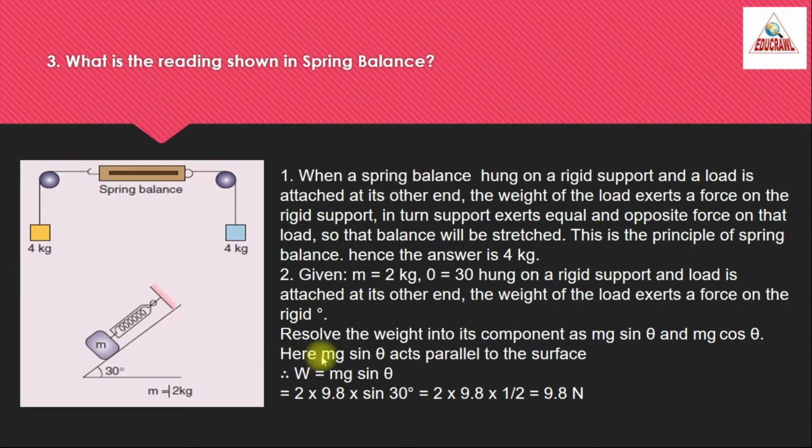If you see the diagram, this mg sin theta acts parallel to the surface and is balanced by the weight. Hence, weight is given by mg sin theta. Now, substitute the m value and theta value from the given. Hence, we get weight = 2 into 9.8 into sin 30, which is equal to 2 into 9.8 into 1 by 2, which is 9.8 Newton.